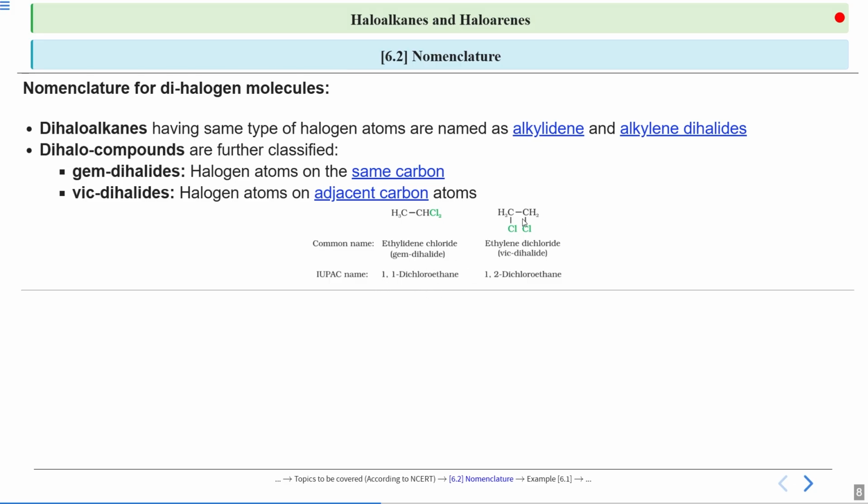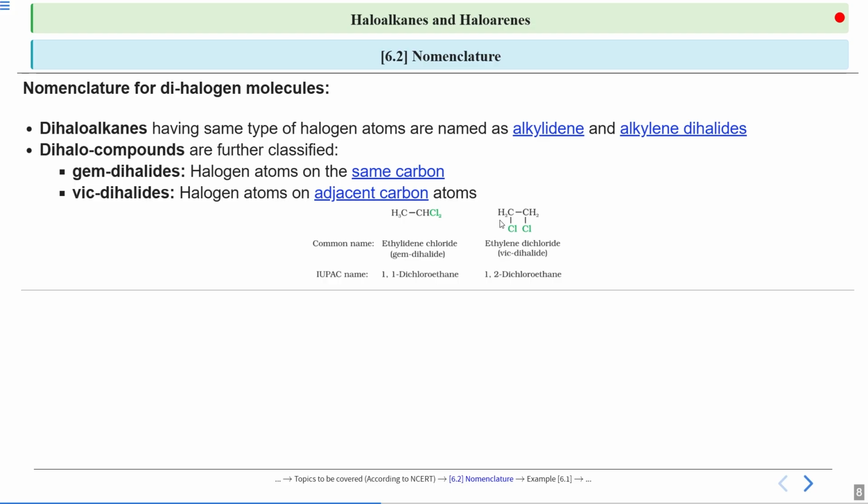For the second structure we have CH2Cl CH2Cl. So the common name will be ethylene dichloride, not ethylidene. Ethylidene is for the gem dihalide, where two halogens are present on the same carbon.